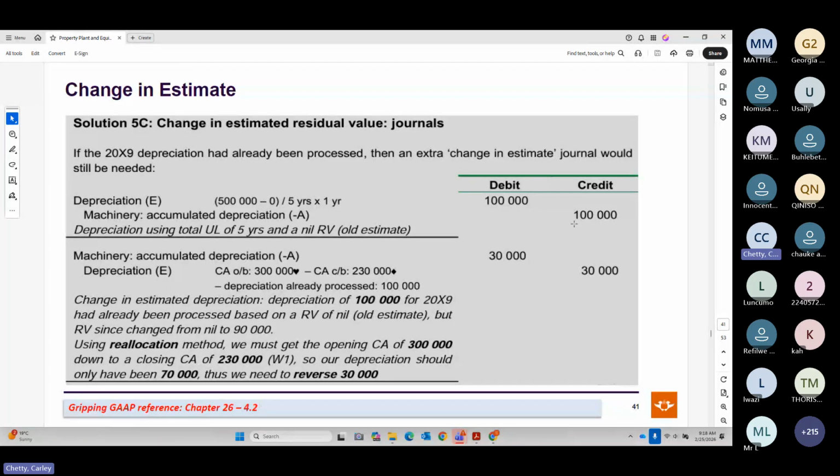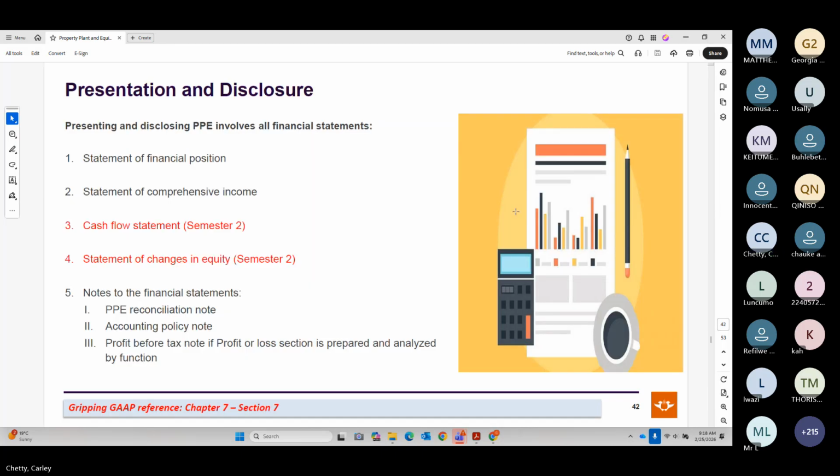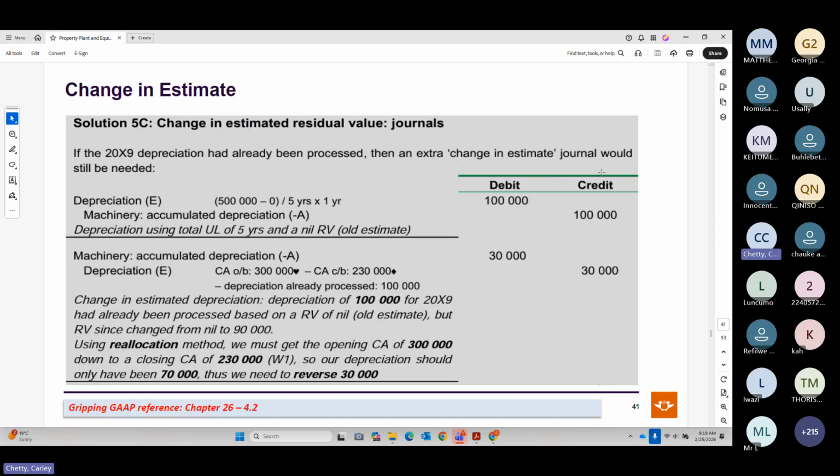So he recorded the depreciation based on the old estimates and now realizes that too much depreciation was processed. Okay, so that is how we account for a change in estimates. We have looked at how to account for a change in estimate where the useful life changes and where the residual value changes.